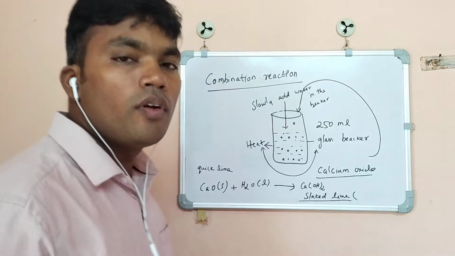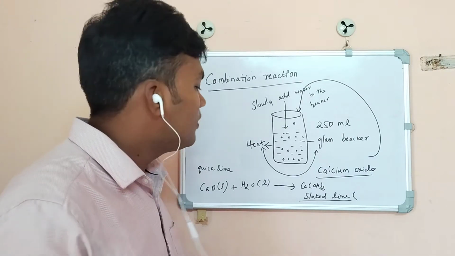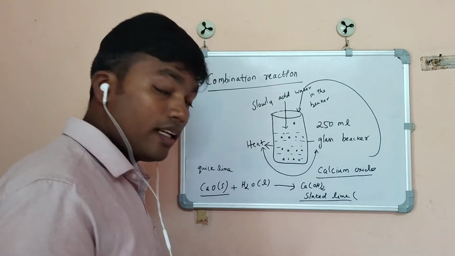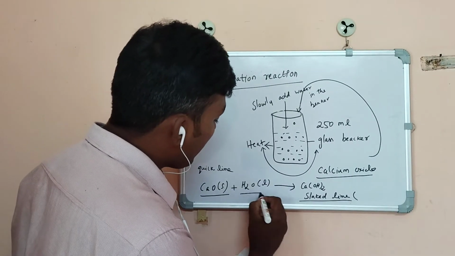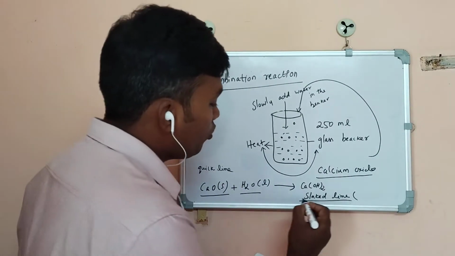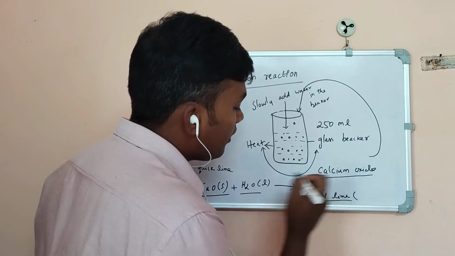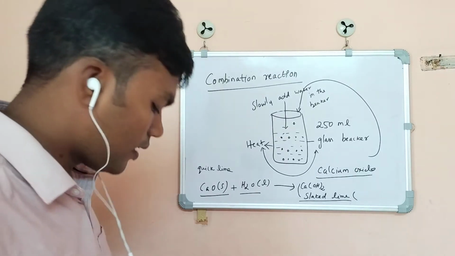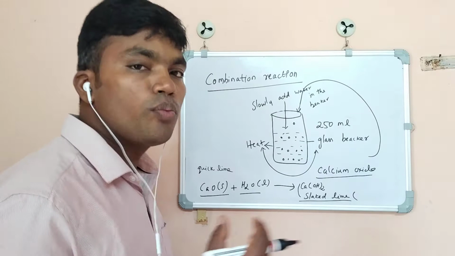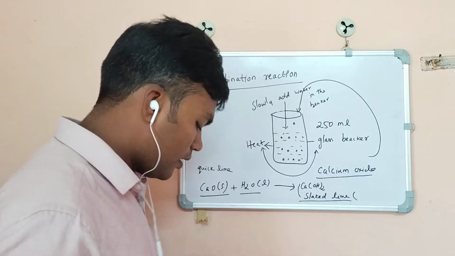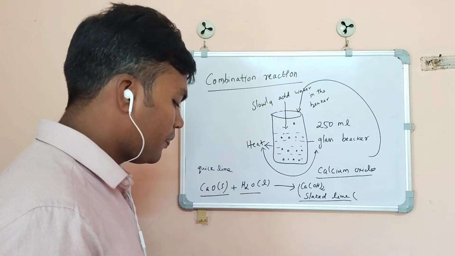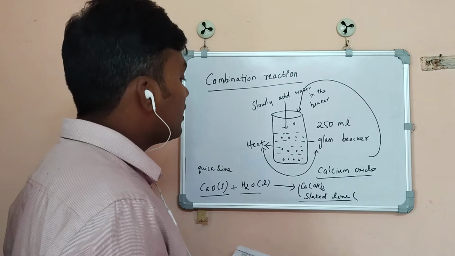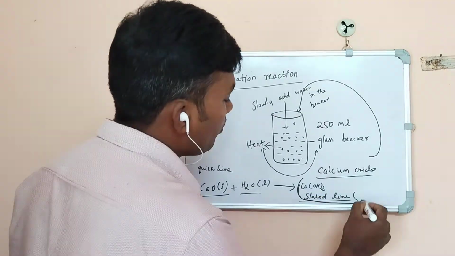In this reaction, calcium oxide is vigorously reacting with water to form slaked lime or calcium hydroxide, and releasing a large amount of heat. In such reactions, only a single product is formed.